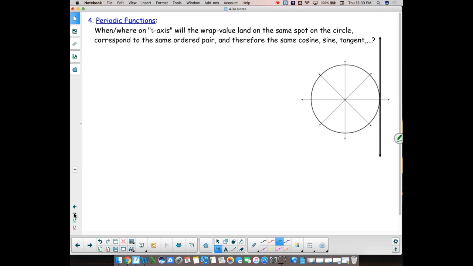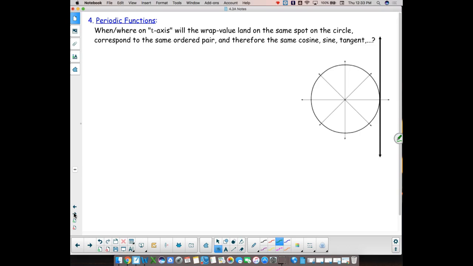Sine, cosine, tangent, secant, cosecant, cotangent are all what are called periodic functions. Meaning that there's a specific period, or a specific distance, if you will, and they will repeat themselves.